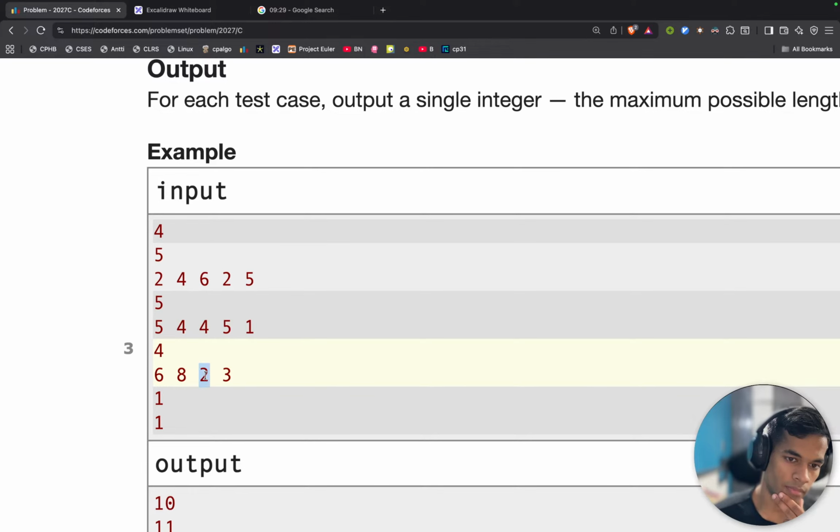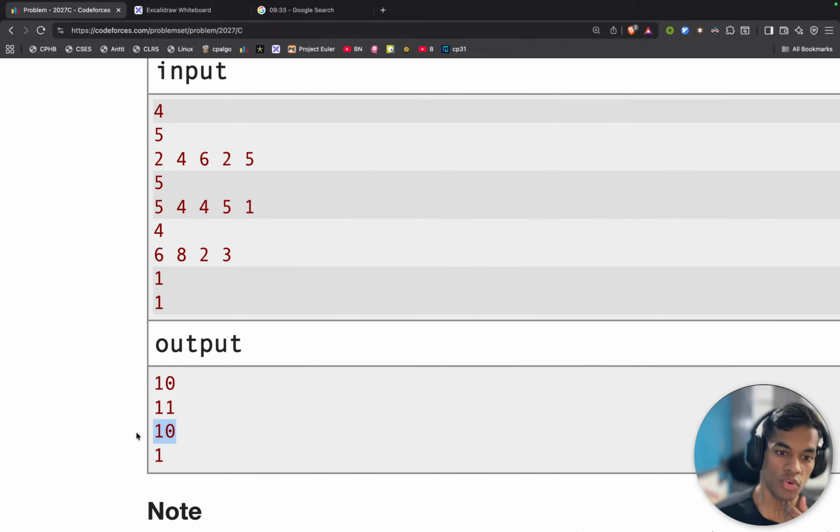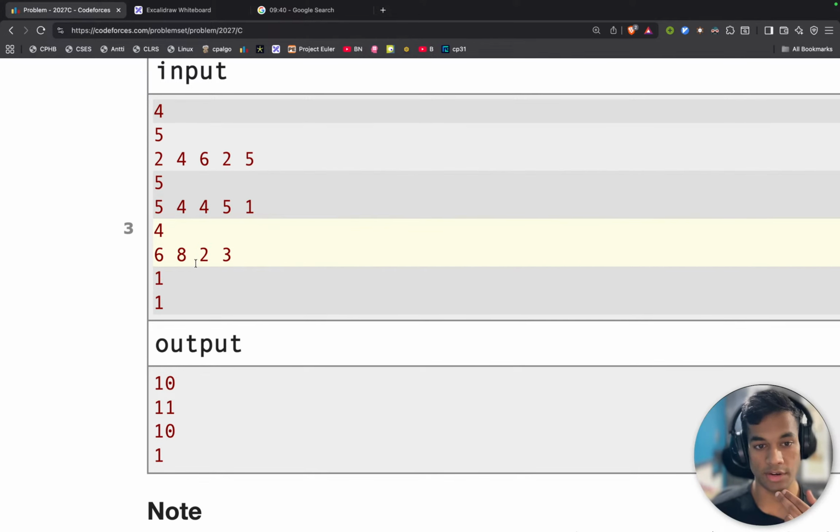Here, the maximum length is 10. Yes, because we can apply the operation on this too, and that will add two extra elements onto the right, two zeros. Then we can apply the operation on this one, which will add three new elements to the right.